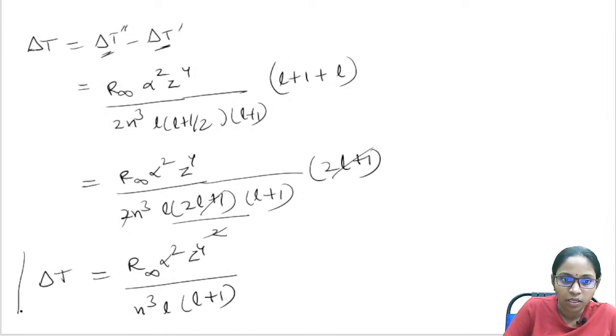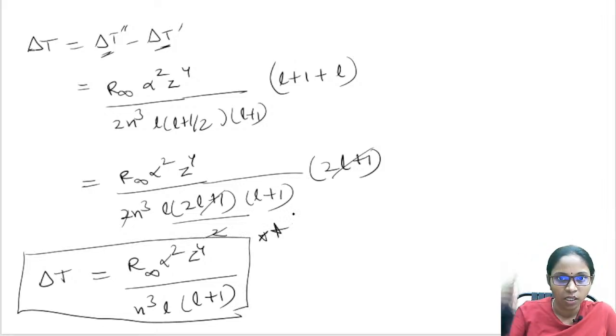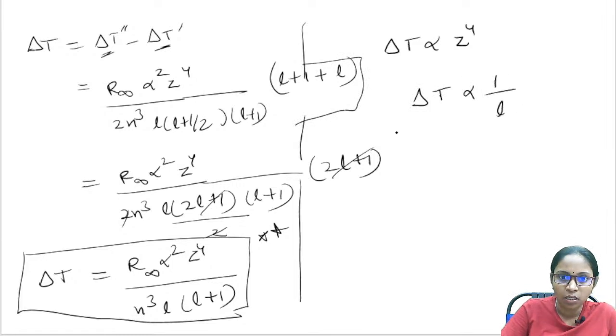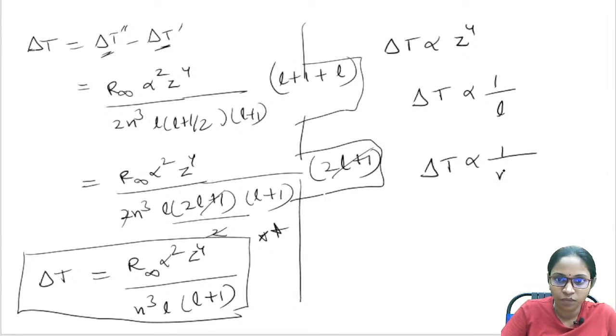This is a very important equation. From this equation you can draw a conclusion that this term value is directly proportional to z power 4, that is atomic number, and inversely proportional to the orbital angular momentum L, and also inversely proportional to the principal quantum number n cube.